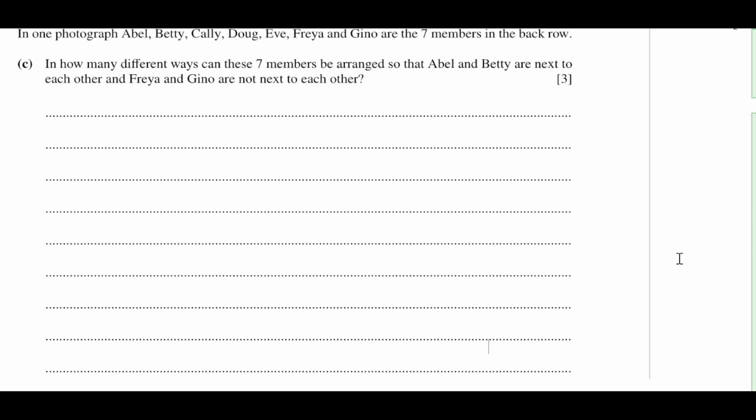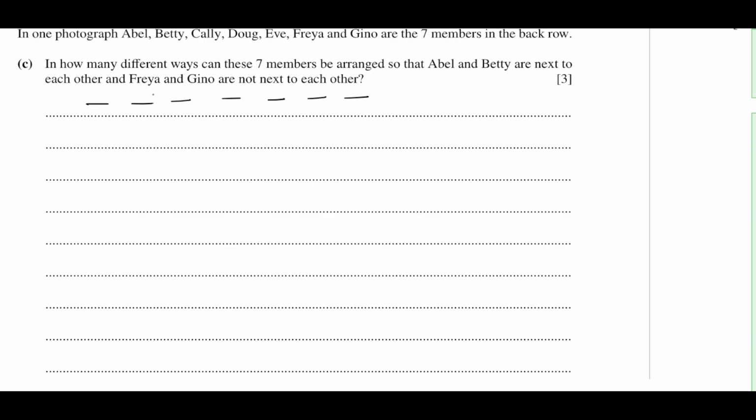First, Abel and Betty are next to each other. If I make these 7 positions 1, 2, 3, 4, 5, 6, 7, Abel and Betty will always go hand in hand, wherever they are, they will sit together.